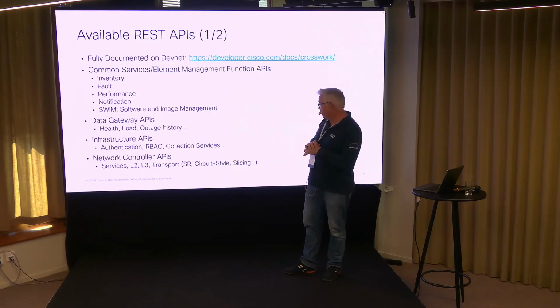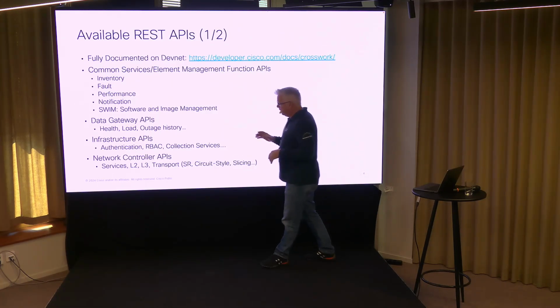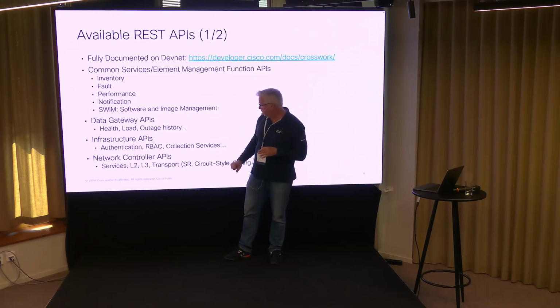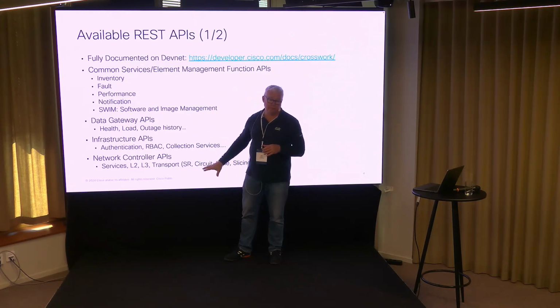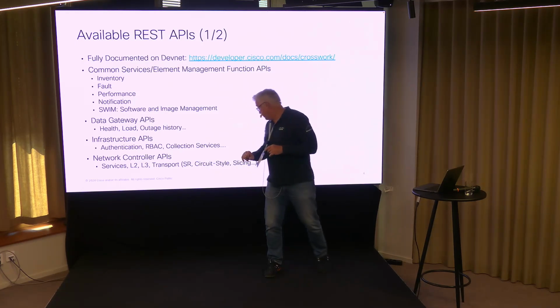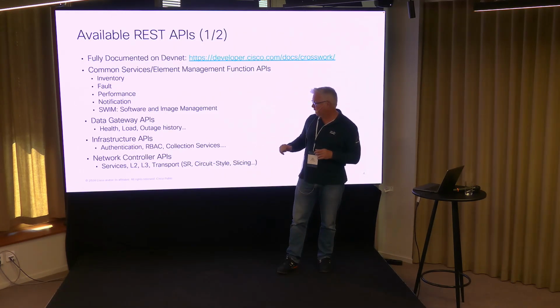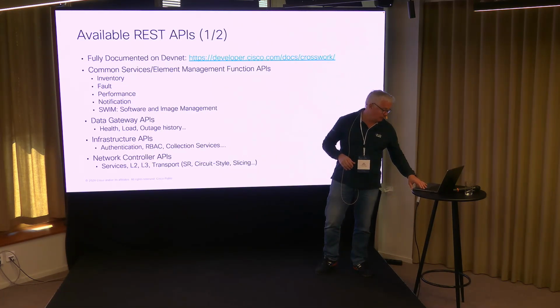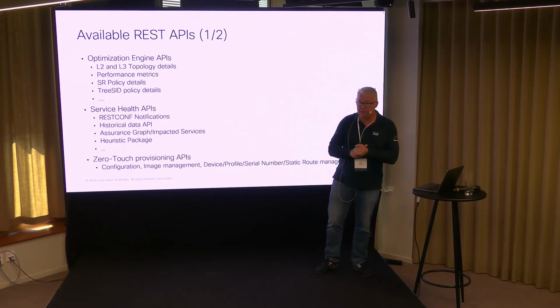The network controller APIs are for managing the services, layer 2, layer 3, and everything we do with transport: segment routing, circuit style, and slicing. I don't think I have a slide on slicing, but we had a lab yesterday, so you will find some slides on slicing and the level of APIs that we provide.